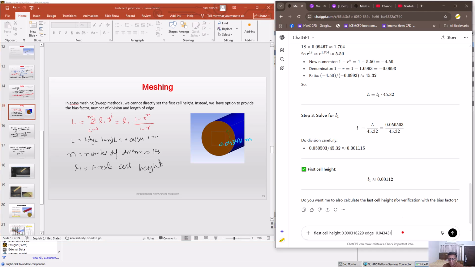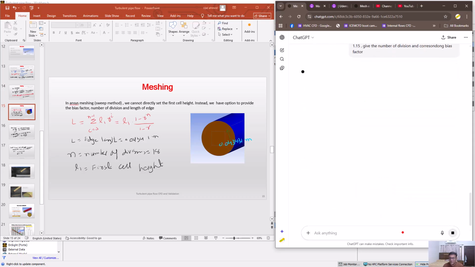So I am setting my growth rate as 1.15, and asking it to give the number of divisions and the corresponding biasing factor. You can actually calculate that through Excel also, but that requires some numerical methods to solve these equations. ChatGPT can give you these values very quickly, so do use it.